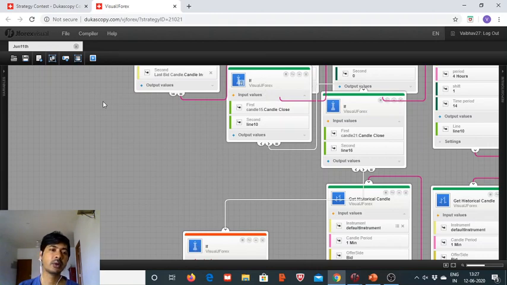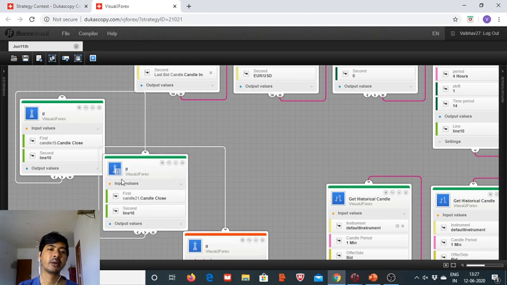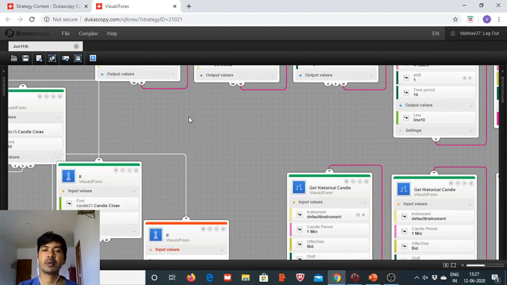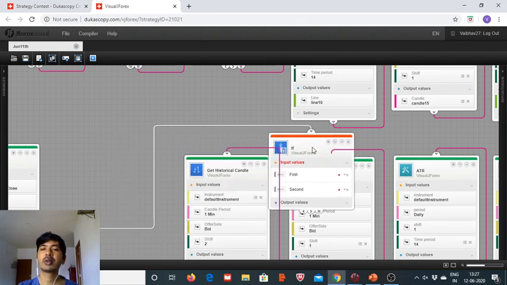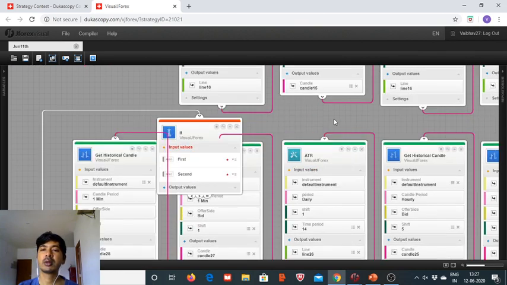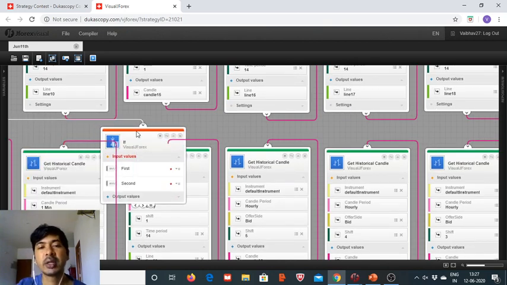Now for the next four if conditions, we are going to need the inverse to be true, that is they should have closed below the linear regression intercept.